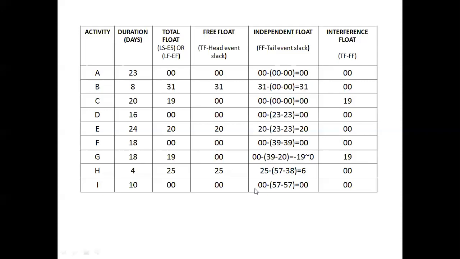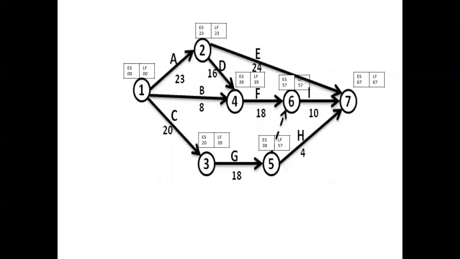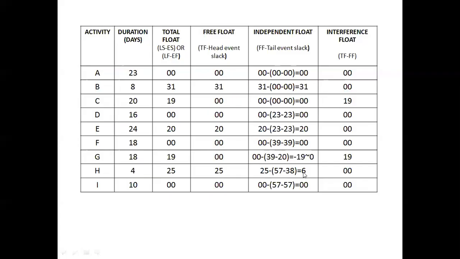Then similarly you can see for the H. H has 25 as a free float, and the slack of the tail event for H is 57 minus 38, which means 19. 25 minus 19 will give 6.